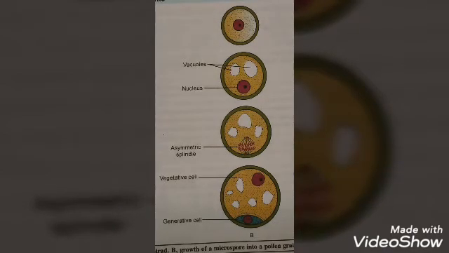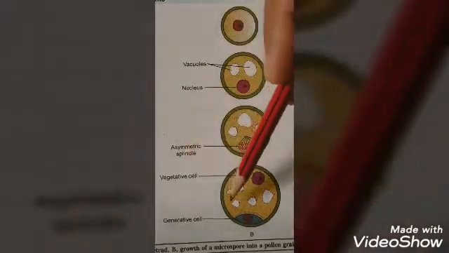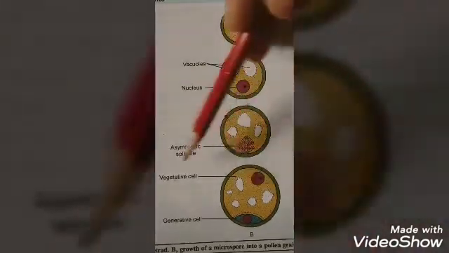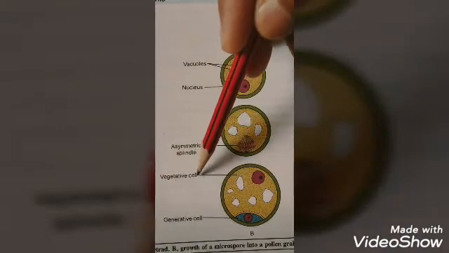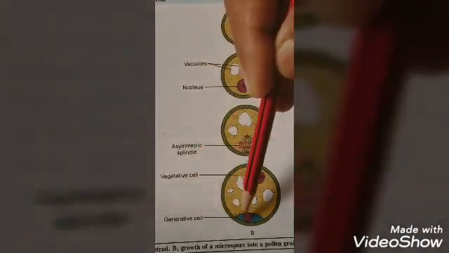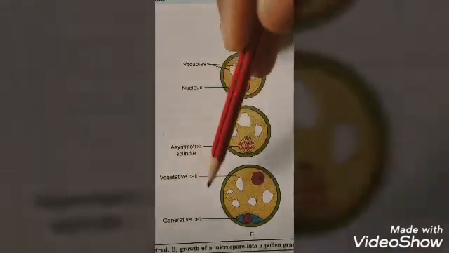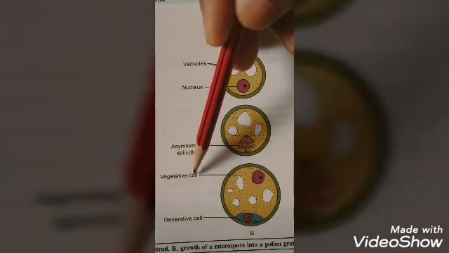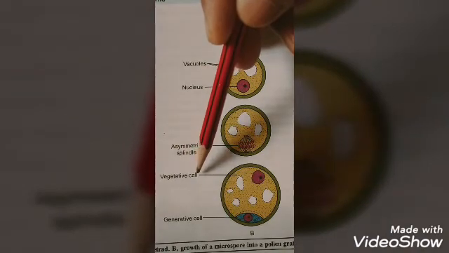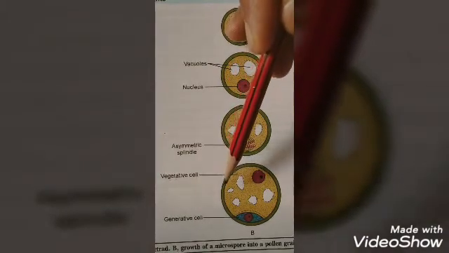A mature pollen grain has two cells. The larger part of the cell is called vegetative cell and the smaller cell is known as generative cell. Vegetative cell, it is also known as the tube cell.